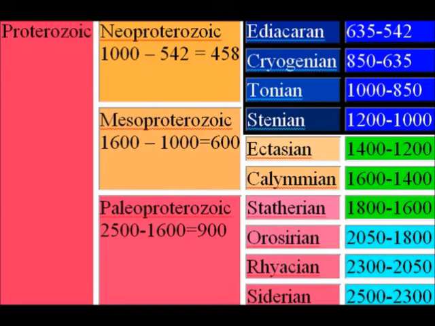The next is the Cryogenian, dating from 850 to 635 million years ago. The last is the Ediacaran Period, dating from 635 to 542 million years ago. Some of the Ediacaran Period is covered in 590 million years on a flat surface.